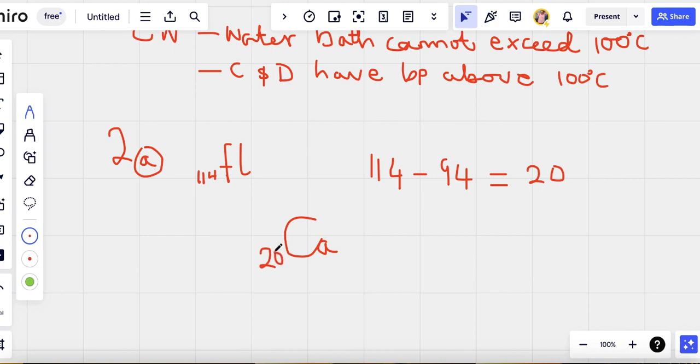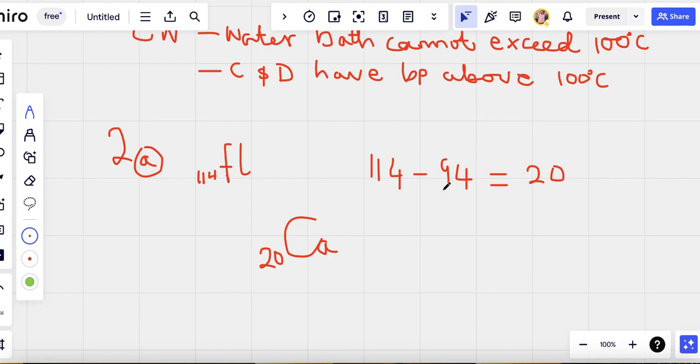The first 20 elements, everyone should know by heart: hydrogen, helium, lithium, beryllium, boron, carbon, nitrogen, oxygen, fluorine, sodium, magnesium, aluminium, silicon, phosphorus, sulfur, chlorine, argon, potassium, calcium. Calcium is the 20th element. If you don't know, you use your periodic table, which is given in paper 4.